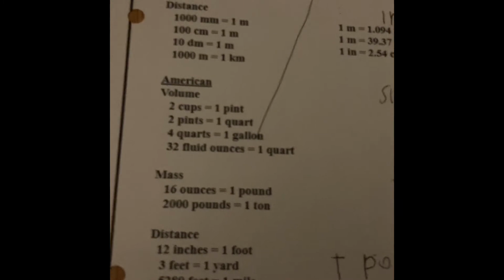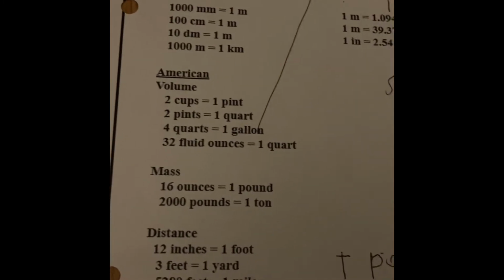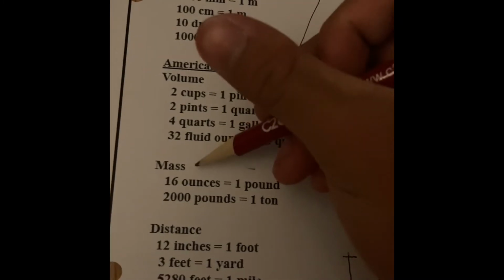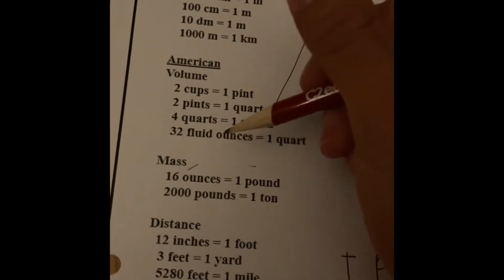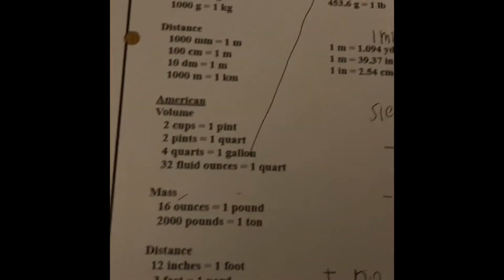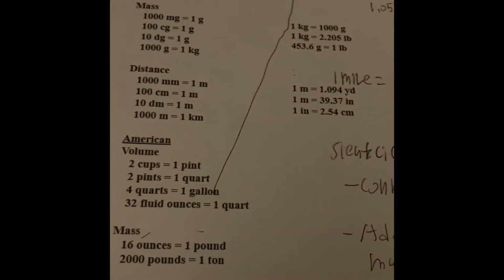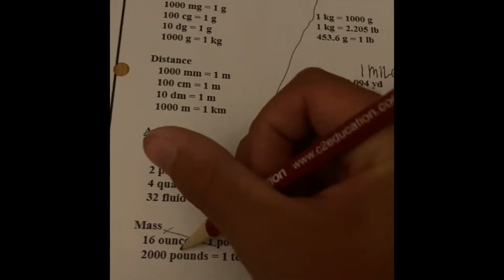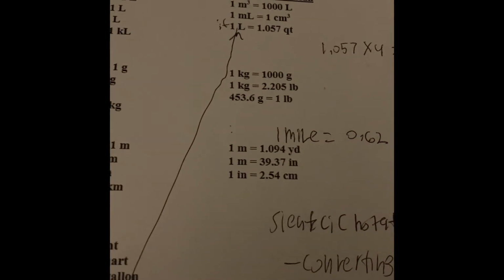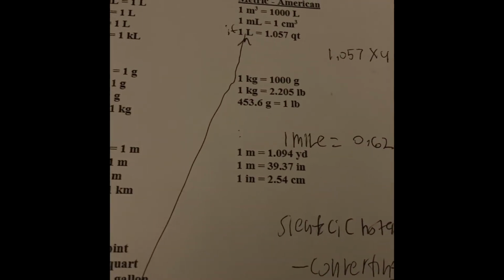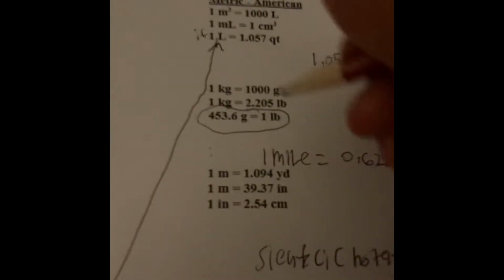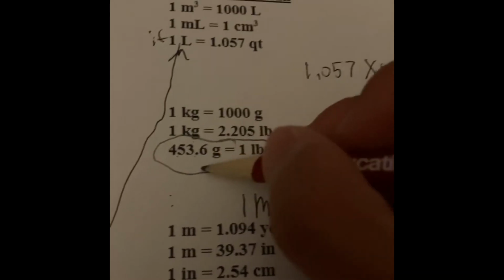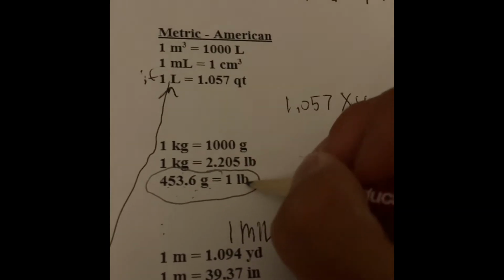Well, we do have 1 pound and 16 ounces, but we're not trying to get to ounces, and we don't see any other conversions that go with ounces, so this one won't work for us. If we look over here, we can see what's circled: 453.6 grams equal 1 pound.